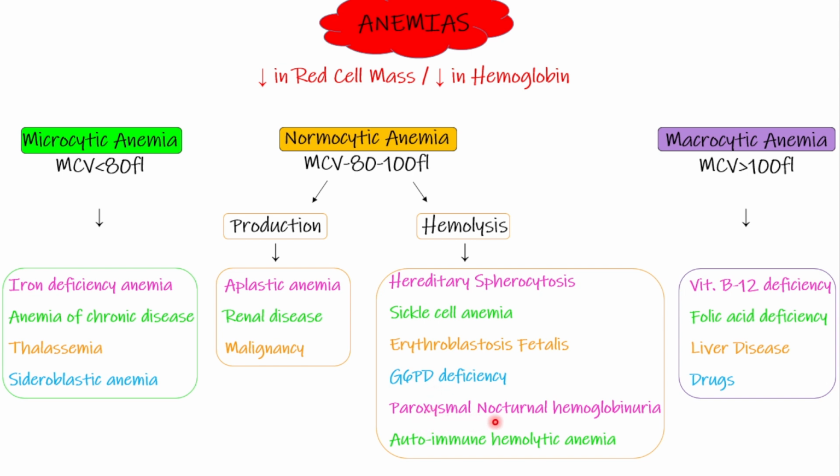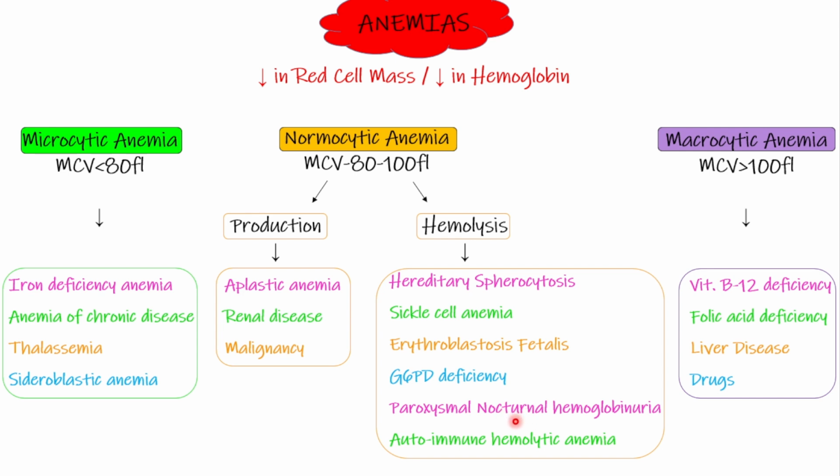Then we have paroxysmal nocturnal hemoglobinuria. Now, hemoglobinuria: uria is from the urine and hemoglobin is hemoglobin. So if hemoglobin starts appearing in the urine, that is hemoglobinuria. Nocturnal hemoglobinuria means, in paroxysmal nocturnal hemoglobinuria, there is hemolysis, and that hemolysis takes place at night.